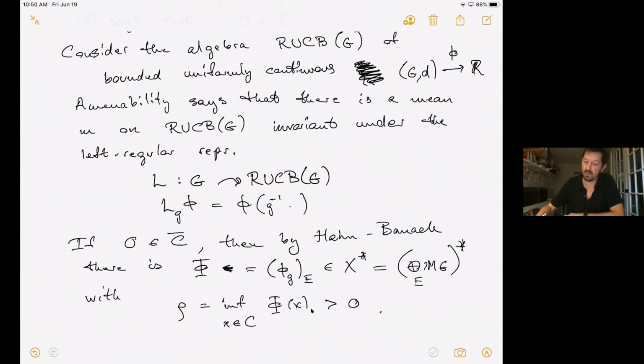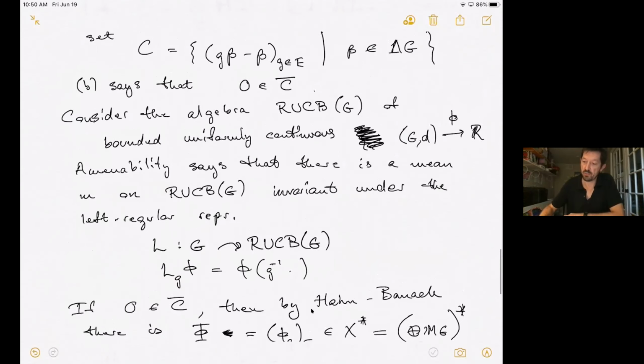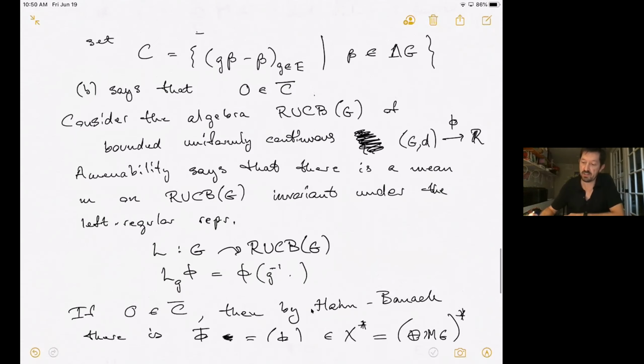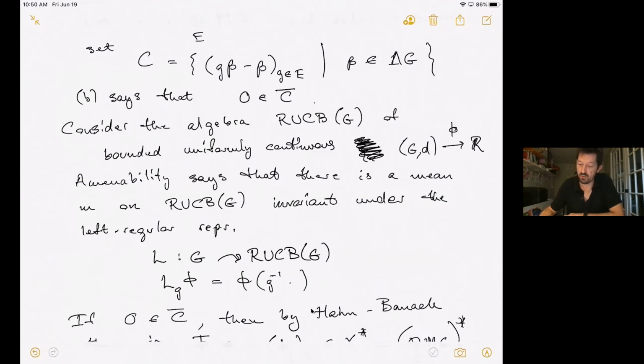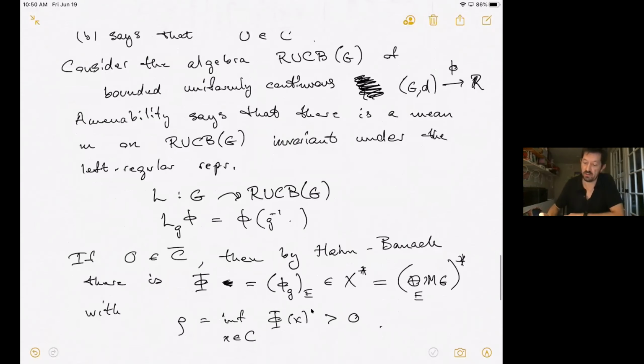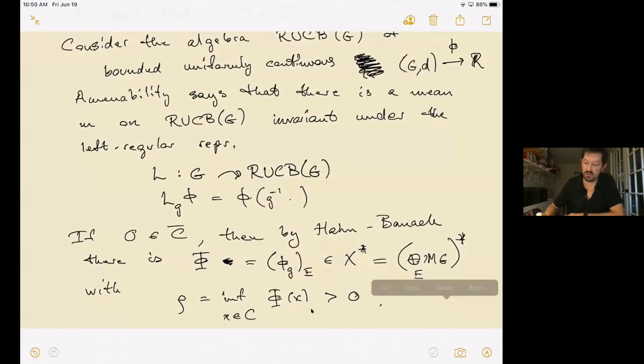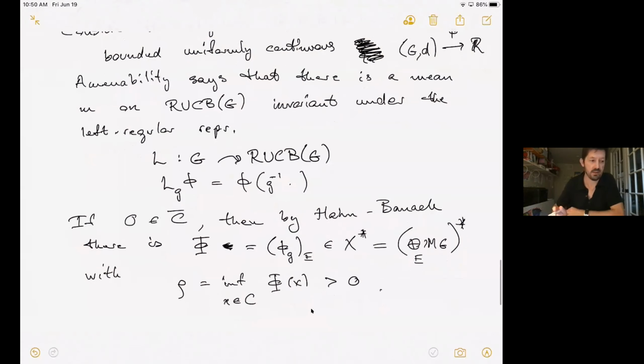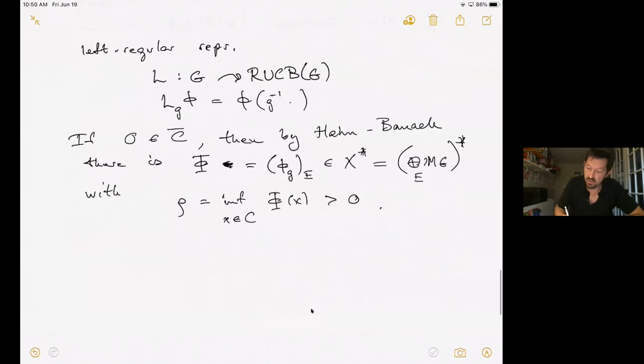Okay, so that is what I have. I've separated my set C from 0 using this linear functional.